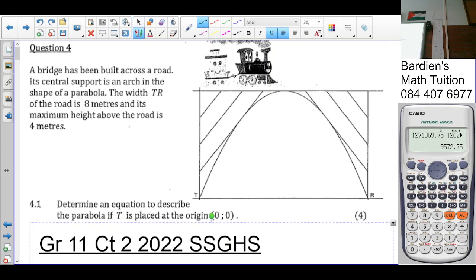So that is going to be 8 meters here. And the maximum height above the road, from there to there, is going to be 4 meters. So this turning point here is going to be 4 and 4. Why? Because that's the midpoint between them.